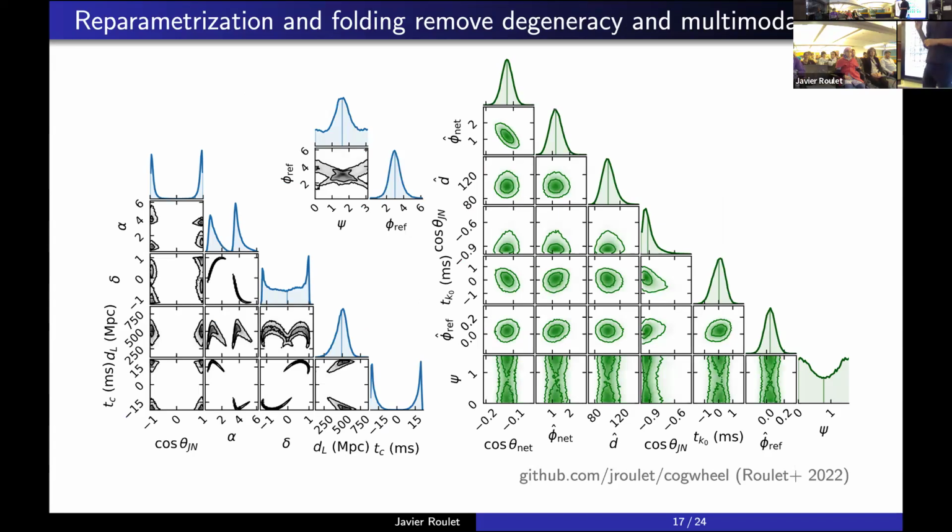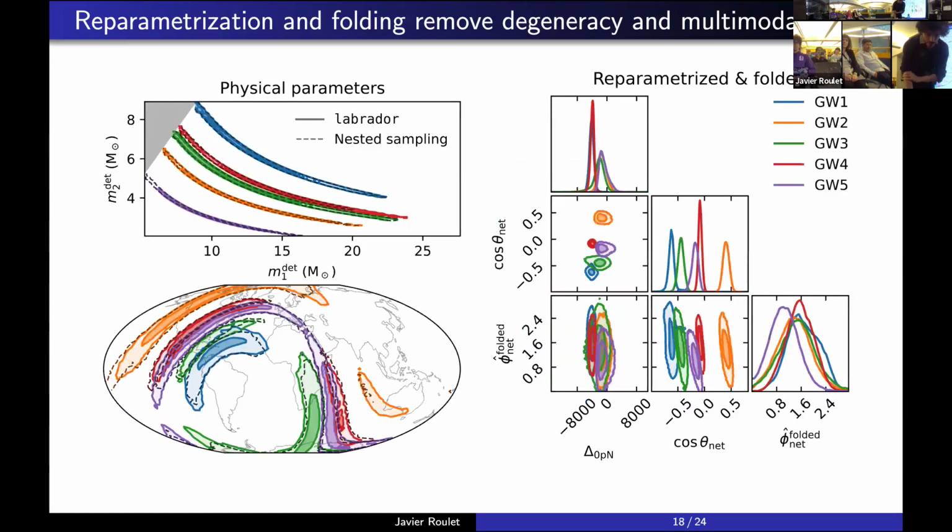So okay, after doing all these tricks, remember reparametrizing so that the degeneracy, the bananas, are gone, and then folding so that they fall on top of each other, we turn this posterior like this onto this posterior like this, which is much simpler to infer. It's unimodal and looks like a Gaussian more or less. Okay, so here on the left, I'm showing physical parameters like the masses and the sky location.